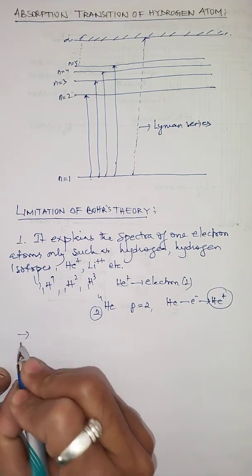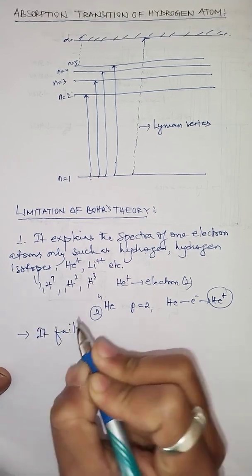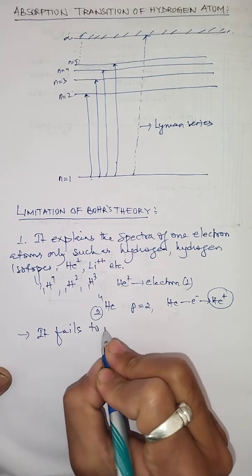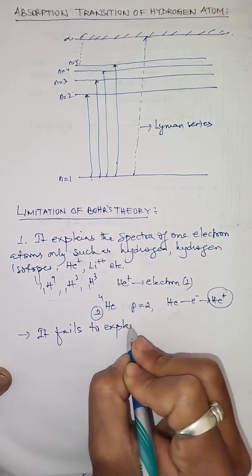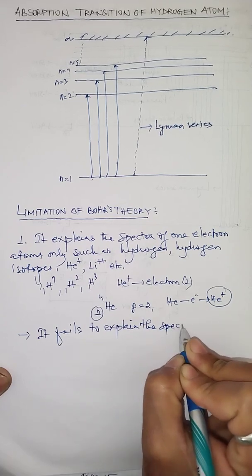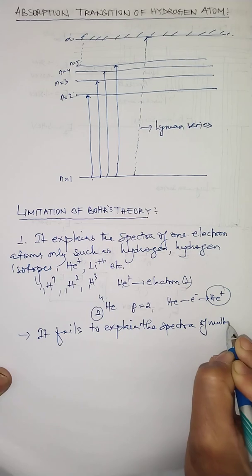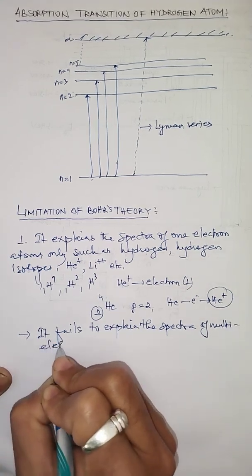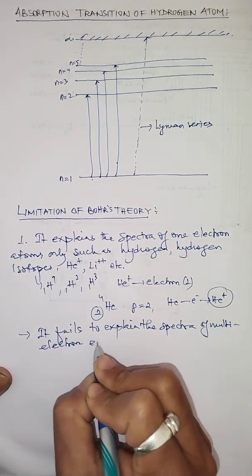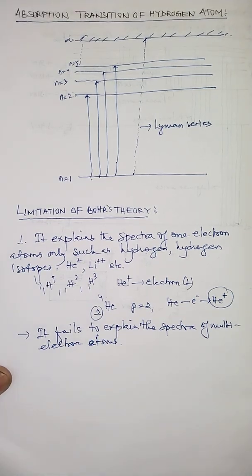So, writing the point: Bohr's theory fails to explain the spectra of multiple-electron atoms. This is one of the drawbacks of Bohr's theory.